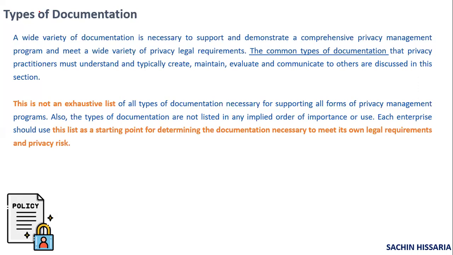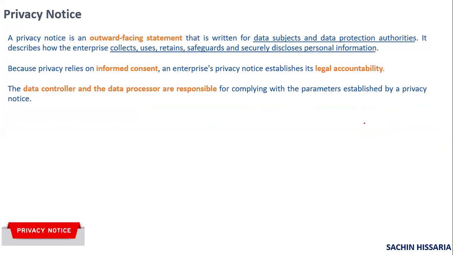So wherever you are doing an audit, in whatever country, first you need to understand the privacy requirement, and only then evaluate whether the company's documents are aligned with the applicable legal requirement or not. In this topic, we will discuss some generic documentation which you will generally find in all data privacy laws. First is the privacy notice.